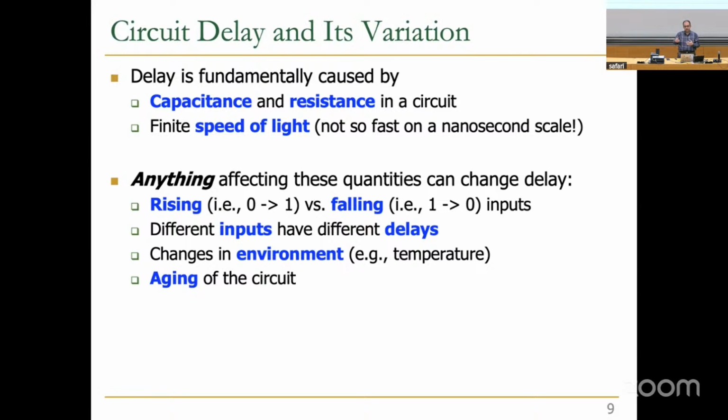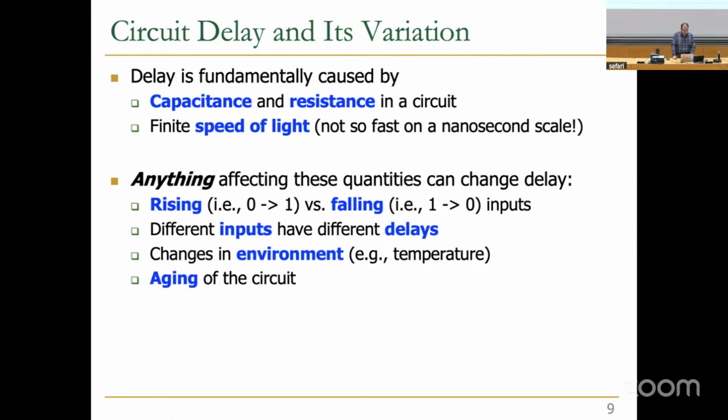But in the pull-down network, you have two transistors in series, so that can reduce your current. That's a very simple example that shows different inputs. For example, going from 0 to 1 at the output can take less time compared to going from 1 to 0, or vice versa. And different input vectors can also have different latencies.